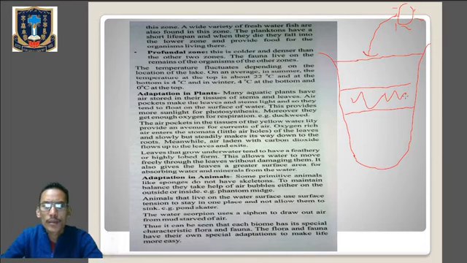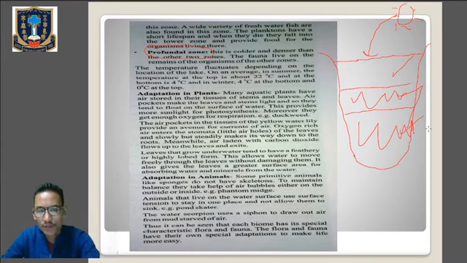The planktons have very short lifespans, and when they die they fall into the lower zone and provide food for the organisms living there. This lower zone is called the profundal zone. So these are the three zones: the littoral zone, the limnetic zone, and the profundal zone.